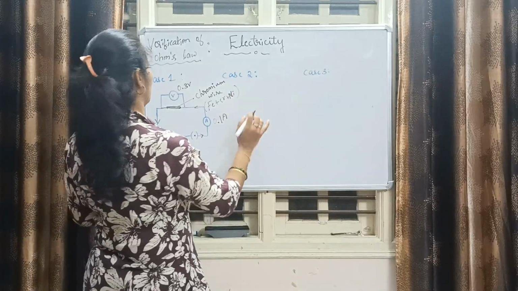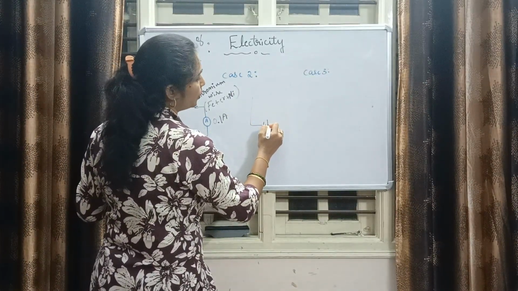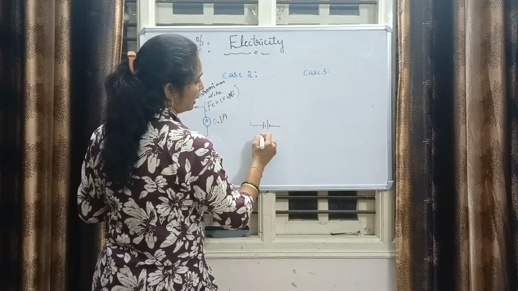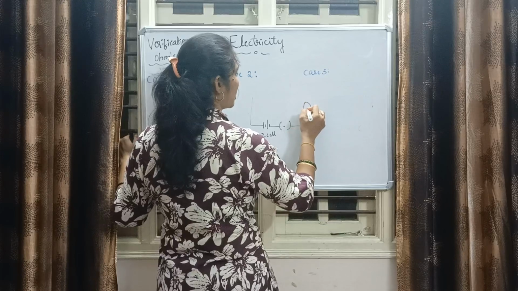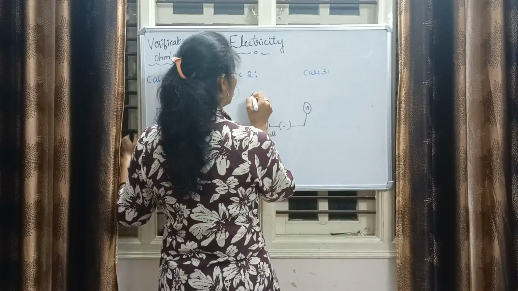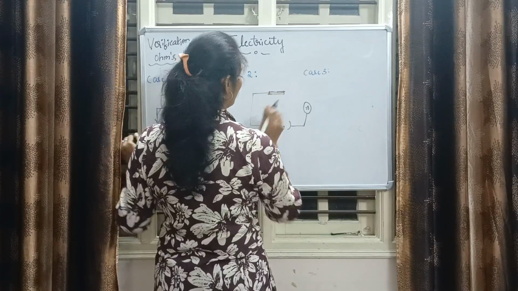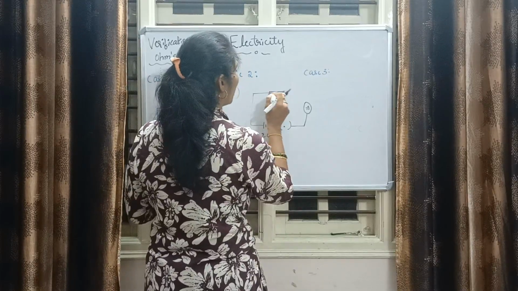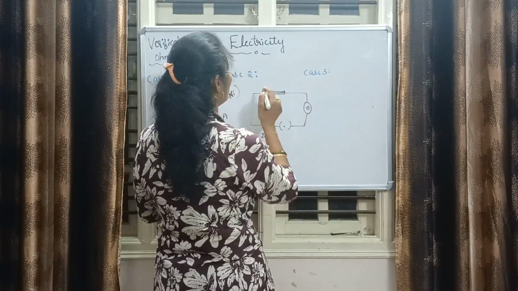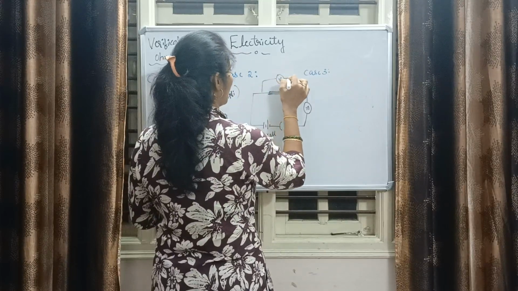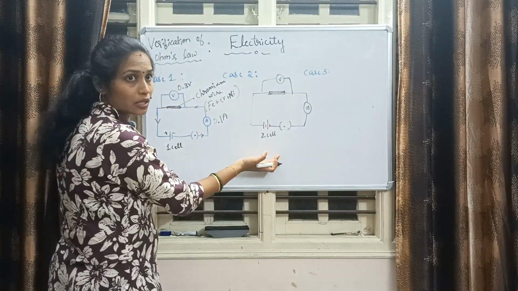For case 2, guys, I am taking 2 cells. Same circuit, guys, same circuit. Again, I'm taking the chromium wire, connected with the circuit, and the potential difference is also there. Here I increase the energy.